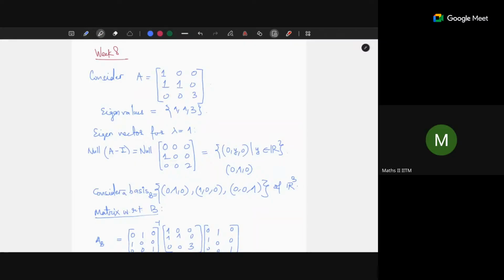Last time we saw eigenvalues and eigenvectors. In the last session, we talked about diagonalization of a matrix.